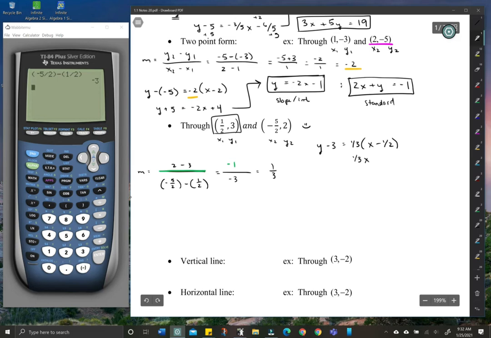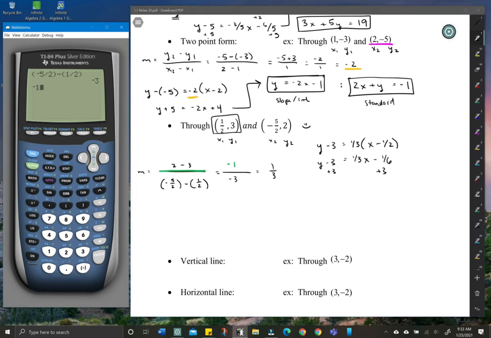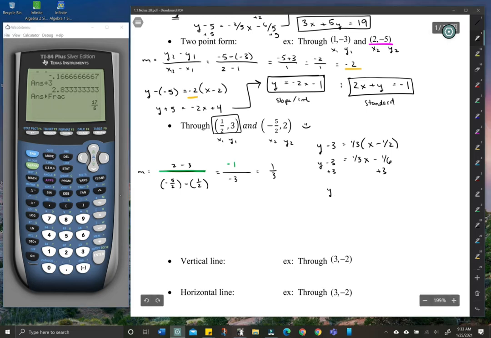And we'll add 3 to each side using the calculator. So negative 1/6 plus 3, and we'll write that as a fraction again, 17/6. Y equals 1/3 x plus 17/6.